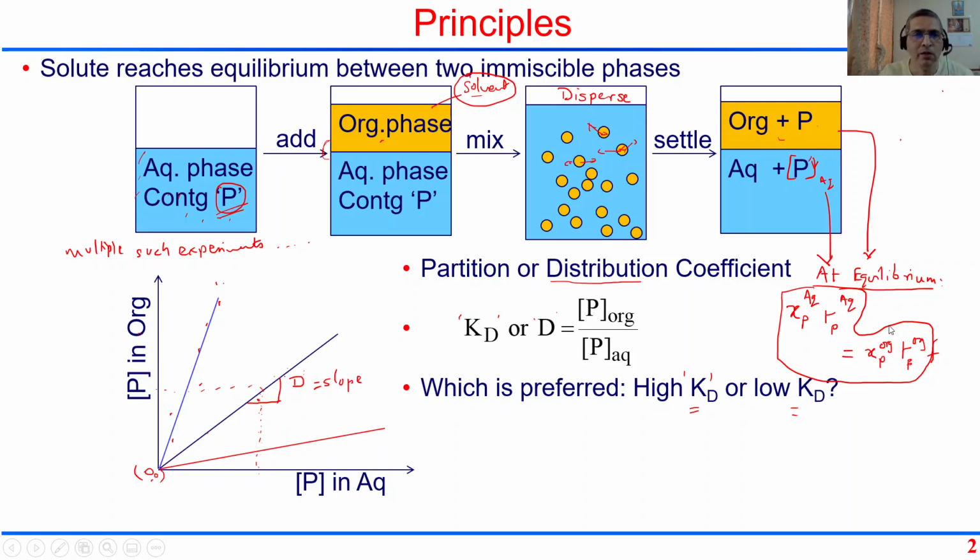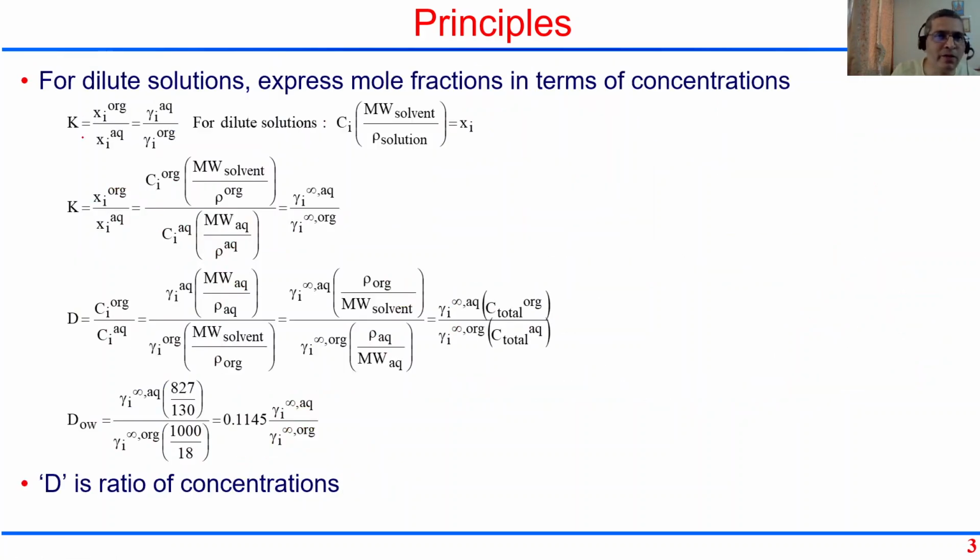is described. So if you want to write now the equilibrium constant, K or KD, whatever way you like to call it, people call it D, people call it KD, different people use different nomenclature, but that's okay. You can stick to one nomenclature. So let's say KD. If I write from this relationship, KD would be mole fraction in the organic phase divided by mole fraction in the aqueous phase, which would be equal to gamma of P. In general, we are writing for any solute I, because now we are going to look at more than one solute also.